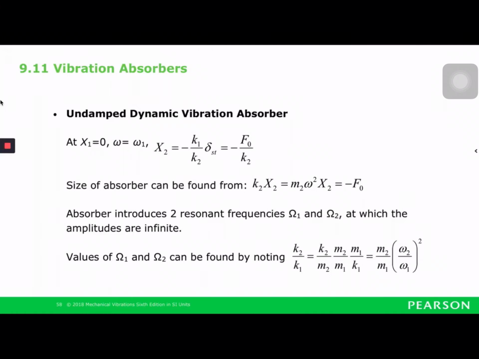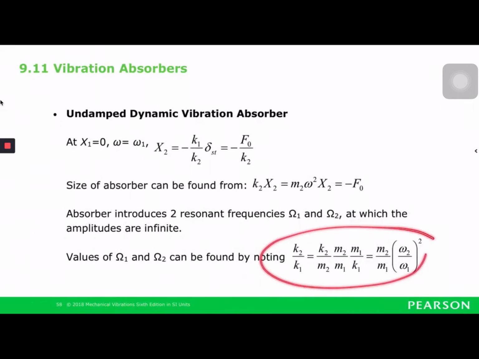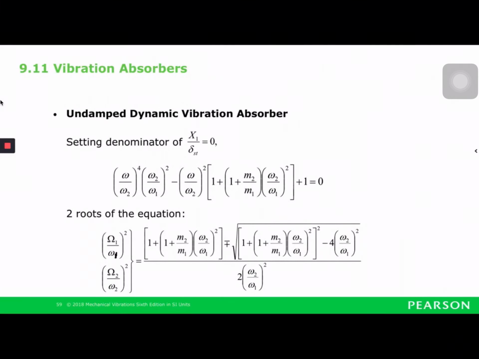Okay, so this one you might have to memorize. If we set the denominator for x1 over delta st, the static deflection, to be 0, then we can find the roots for the frequency. So in the end, we will get the two roots, the new natural frequencies omega 1 and omega 2.